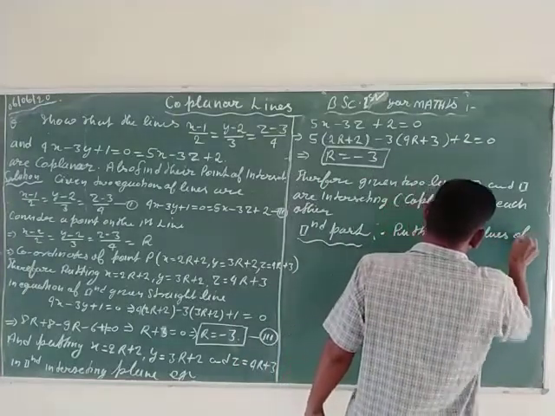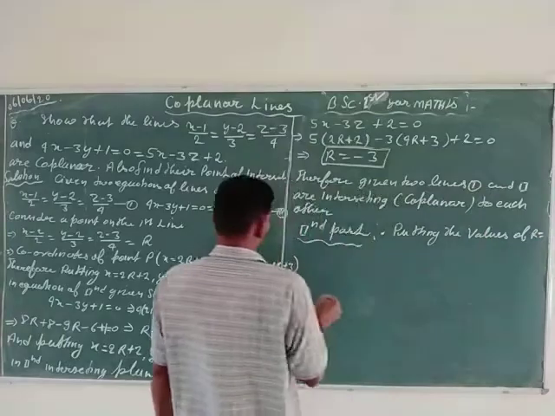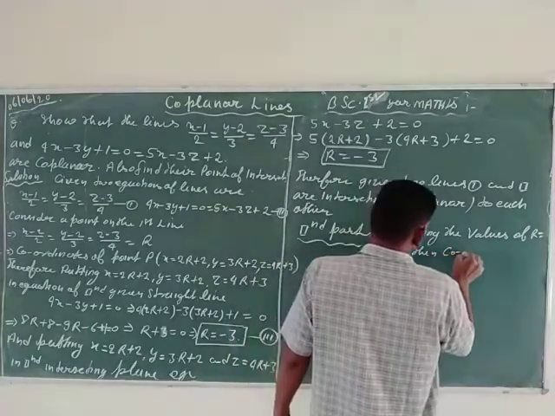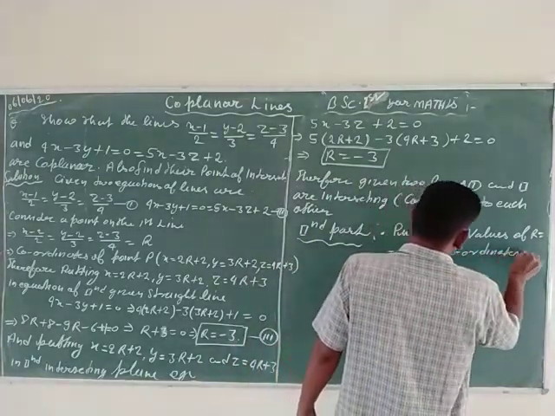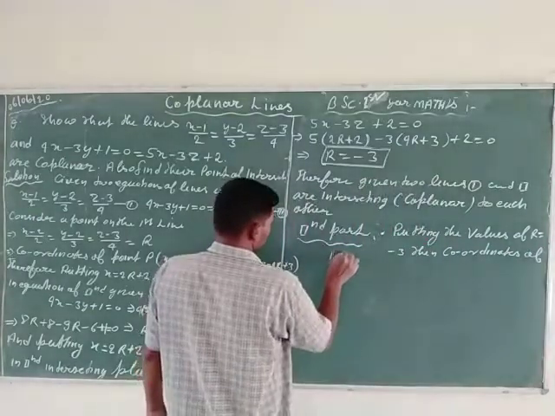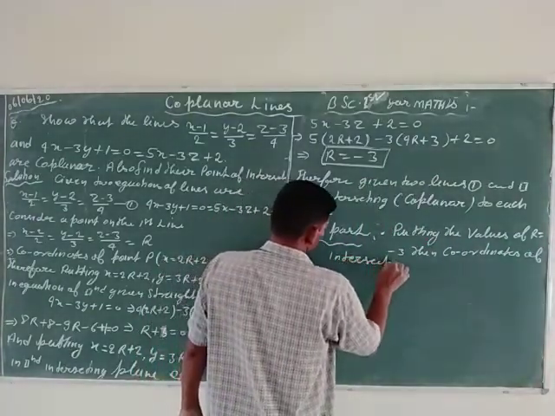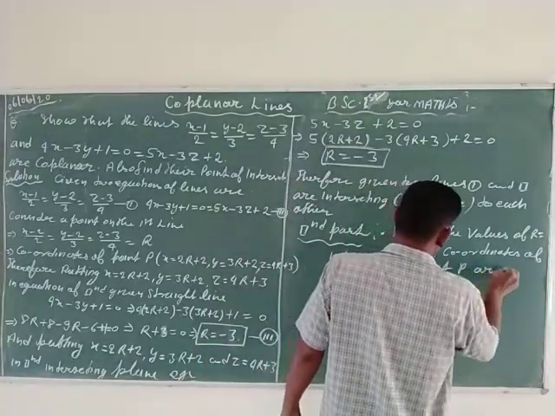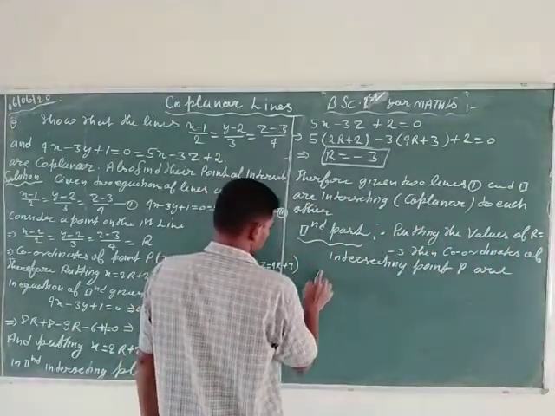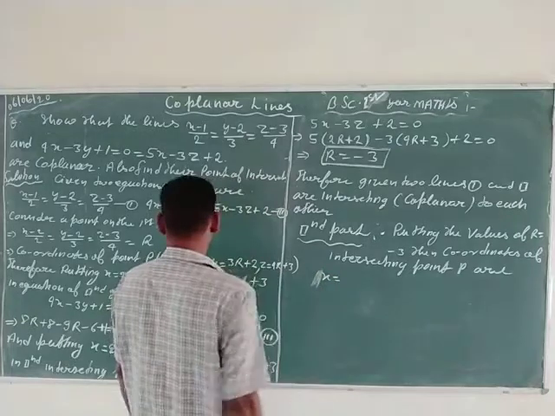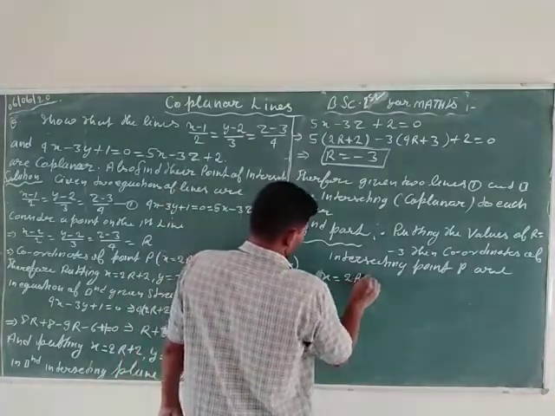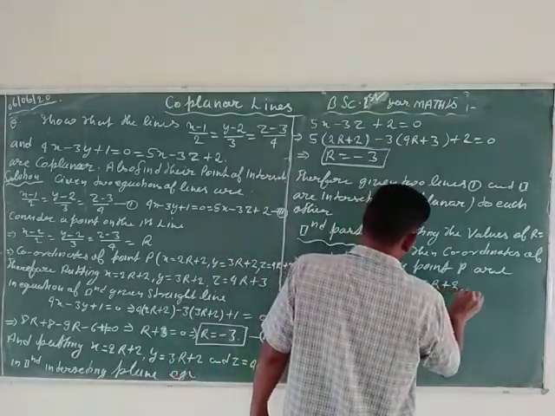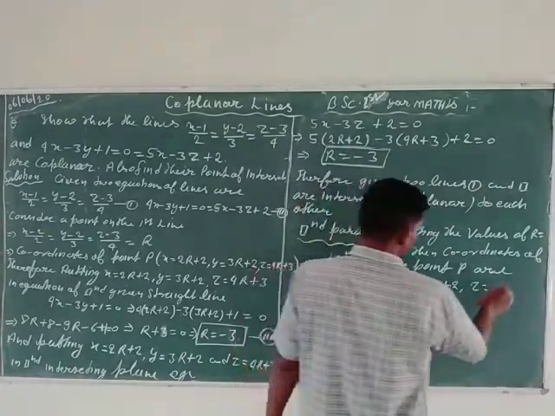So putting the value of r equal to minus 3, the coordinates of the intersecting point capital P are, here, x is equal to 2r plus 2, y is equal to 3r plus 2 and z is equal to 4r plus 3.